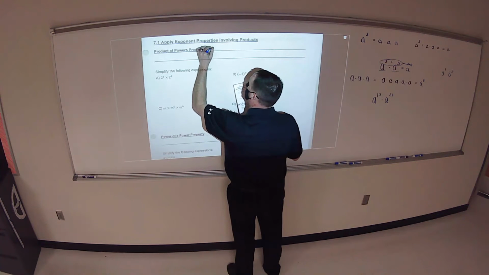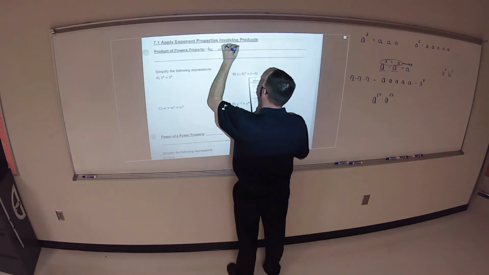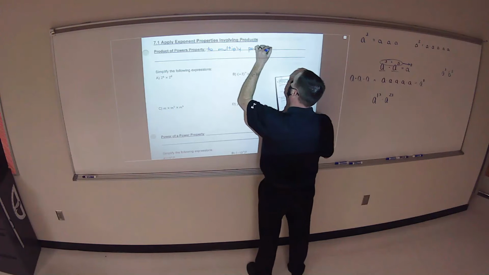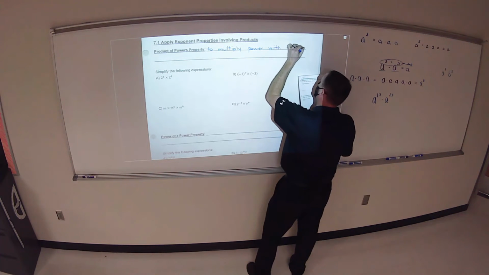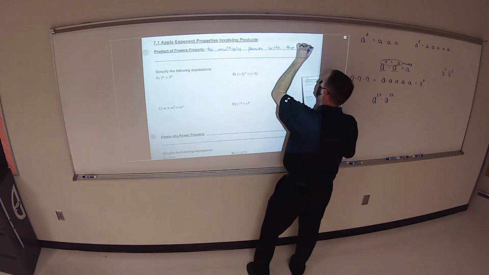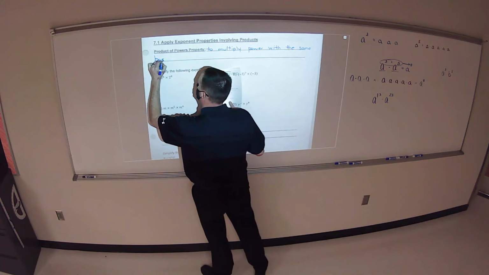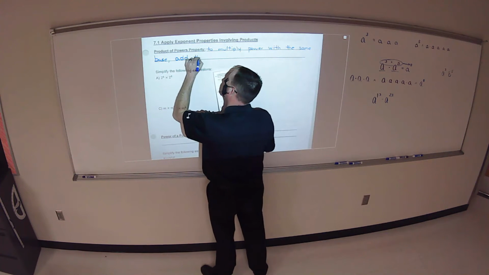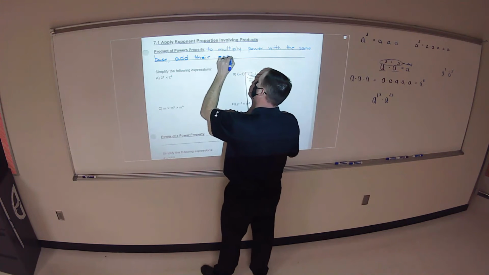To multiply powers with the same base, add their exponents. This is a key idea here. They must be the same base.